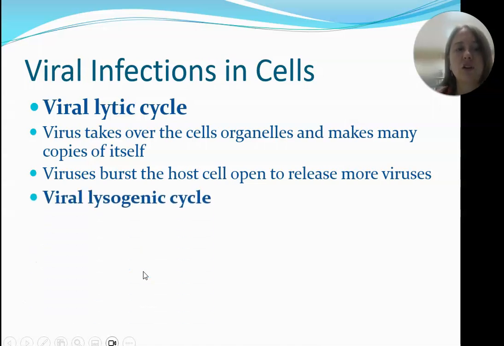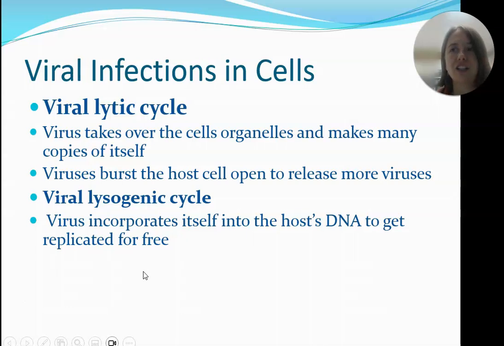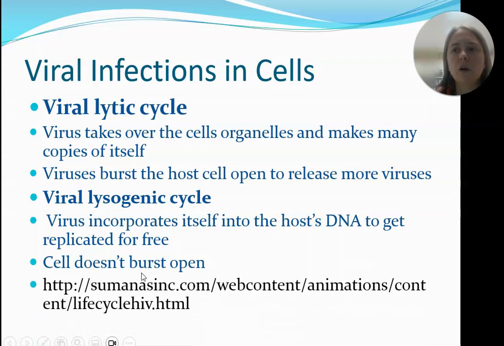There is the lysogenic cycle, where the virus puts itself into your DNA, and now it's part of your DNA, and every time your DNA gets replicated, the viral DNA gets replicated, and it makes more and more viruses. So those cells aren't going to burst open. We're going to quickly watch an animation about how HIV infects your cells.